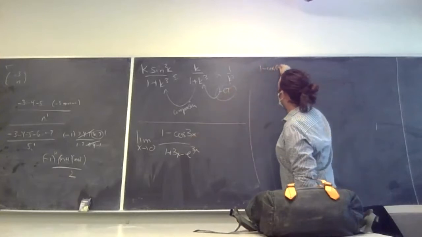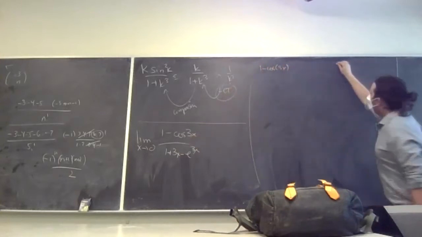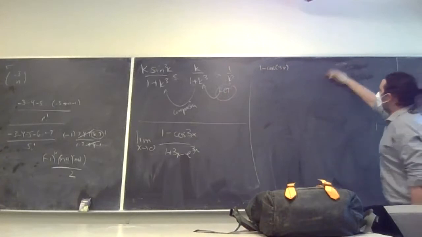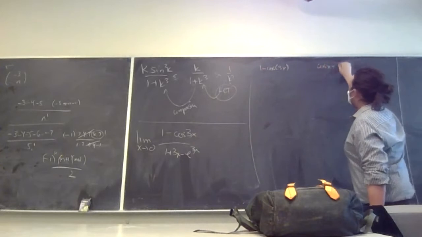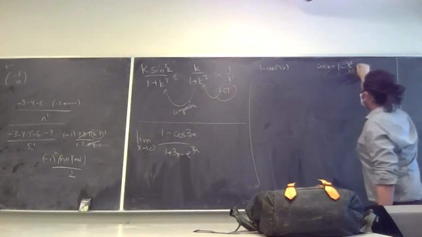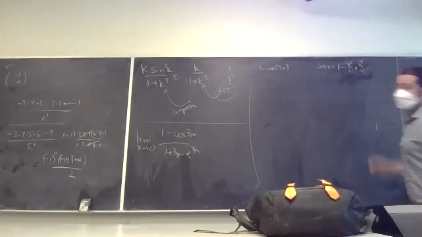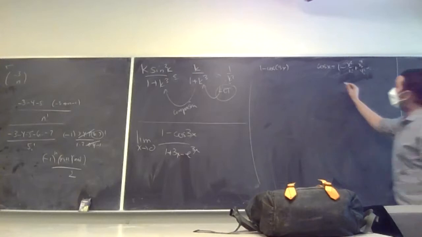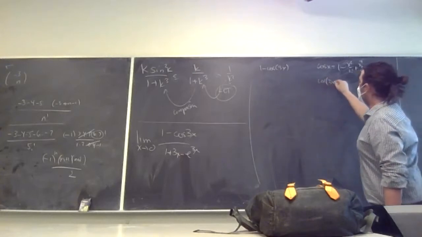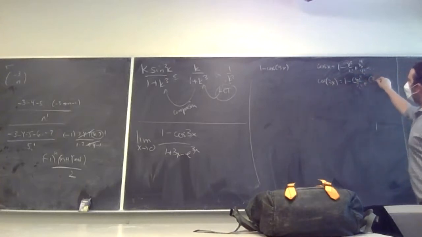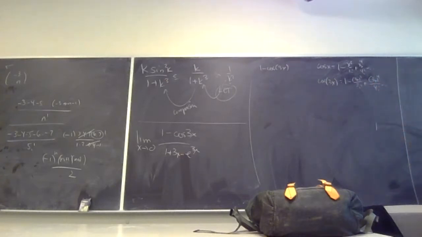1 minus the cosine of 3x. Okay, well, cosine of x is equal to, term by term, 1 minus x squared over 2 factorial plus x to the fourth over 4 factorial, and so on. That's cosine of x. So cosine of 3x is equal to 1 minus 3x squared over 2 factorial plus 3x to the fourth over 4 factorial. And then you substitute in, right? Okay.